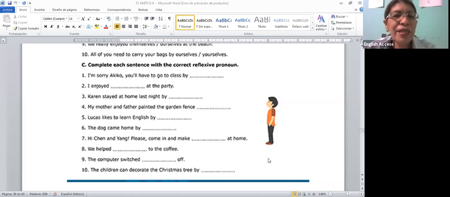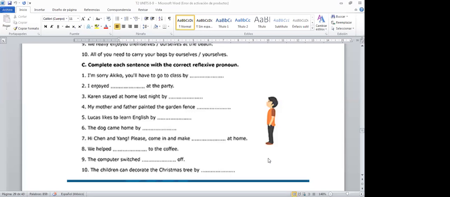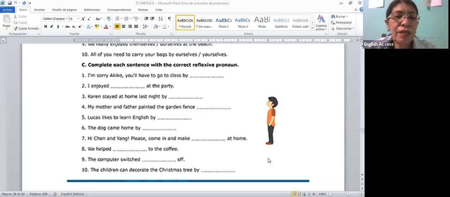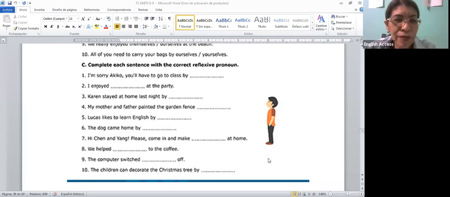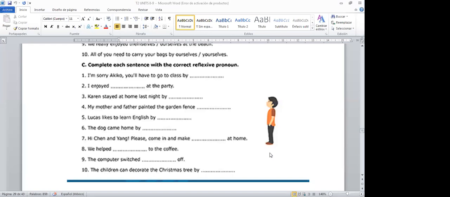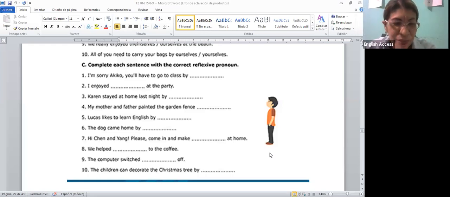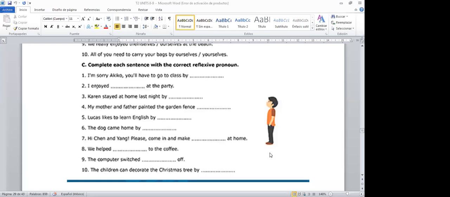Yes, number three. Karen stayed at home last night by herself. Number four. My mother and father paint the garden fence themselves. Number five. Lucas likes to learn English by himself. Himself.